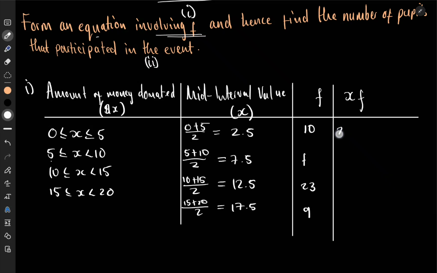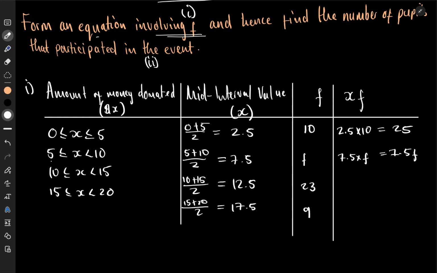XF is going to be, here, 2.5 times 10, which is 25. In here, I'm going to have 7.5 times F, which is 7.5F. Then the third one is 12.5 times 23.